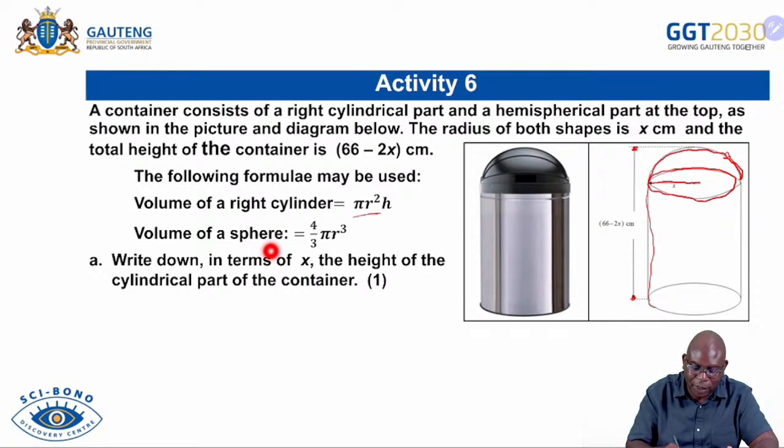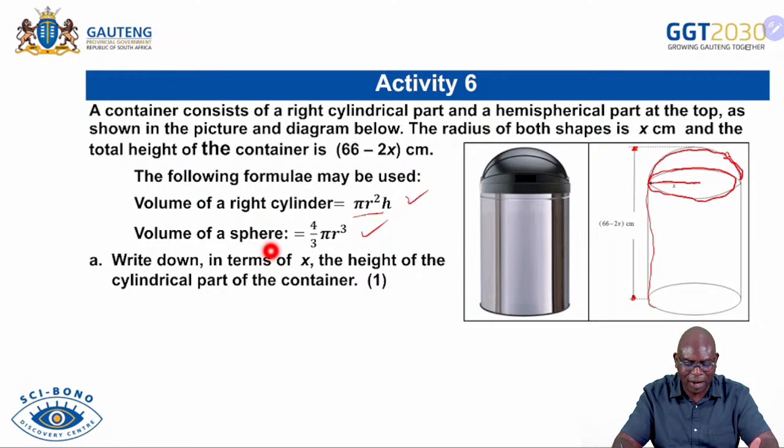I like it when I'm given the formula. Write down in terms of x the height of the cylindrical part, for 1 mark. So we need the height from here to there. We know this is the radius, meaning that from here to there will also be our radius, so this is also x.